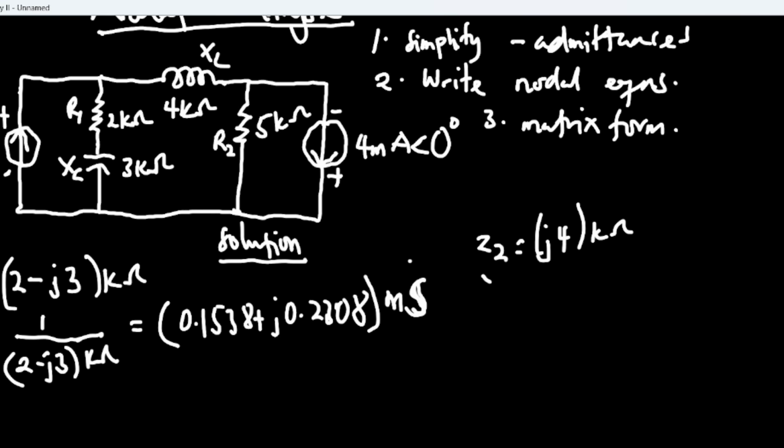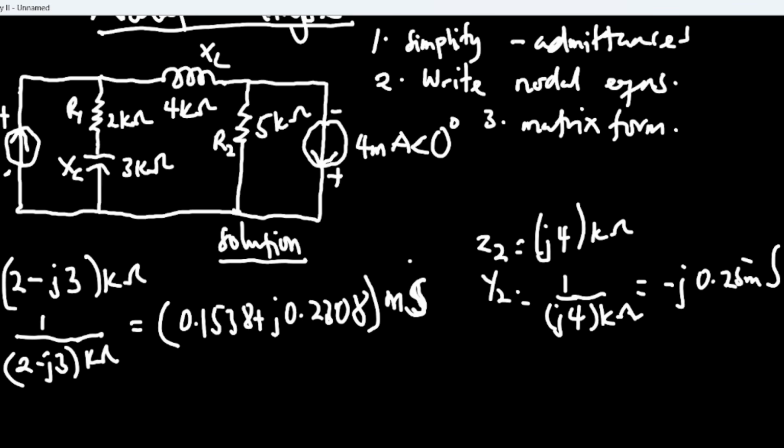But Y2 will be equal to 1 over J4 kilo ohms, and that's equal to negative J0.25. You know the reciprocal of J is going to be negative, so negative J0.25 millisiemens.